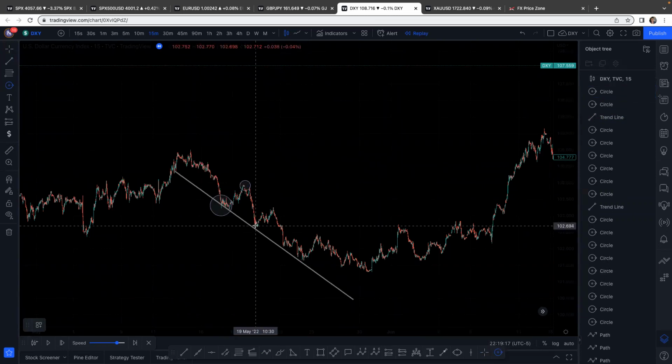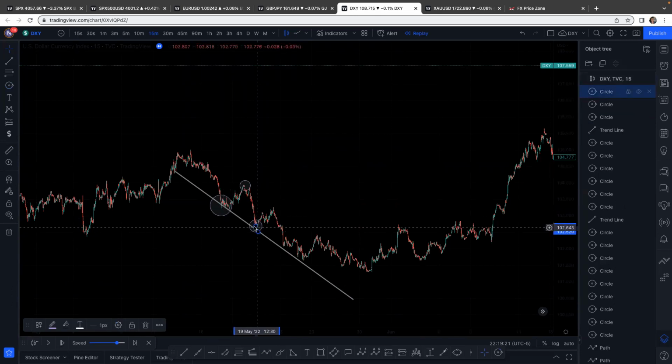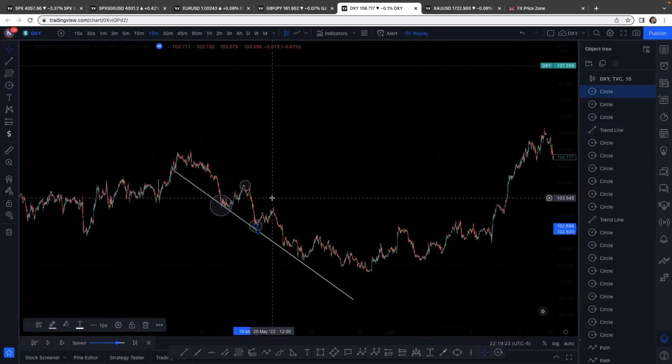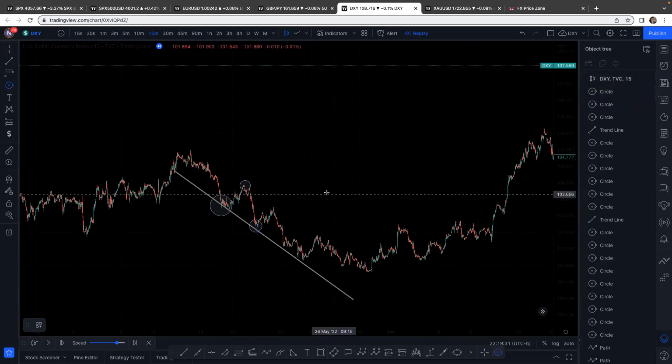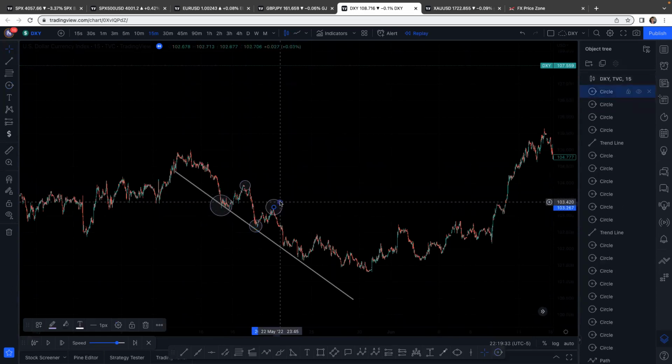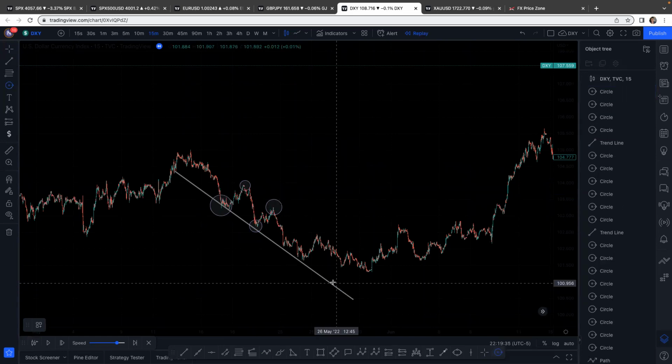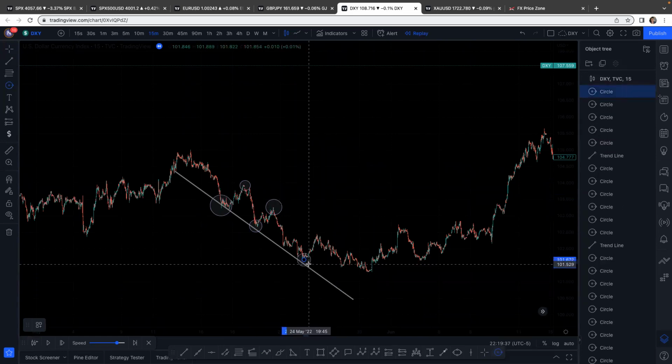Then I have a lower low because it is lower than this particular low. And then we have this high, which is a lower high because it is lower than this high. And it just continues going in that cycle.